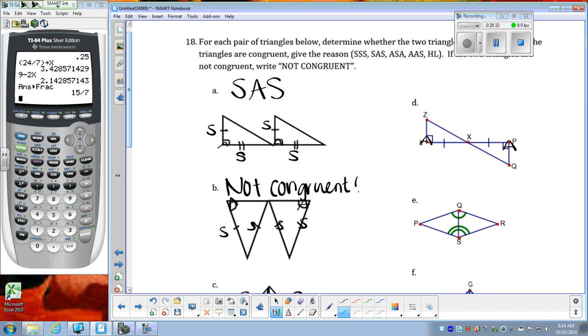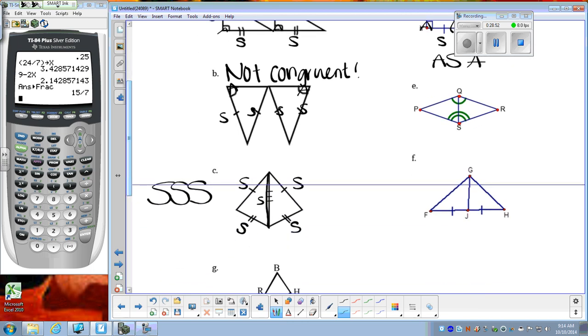Sorry, I'm trying to figure out letter D since I what that letter is there, so I just drew over it. I have YX congruent to XP, so there's another side. And I have the vertical angles. So these two triangles are congruent by angle, side, angle.